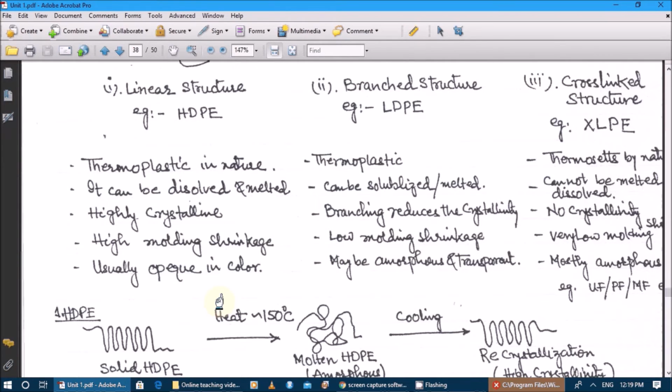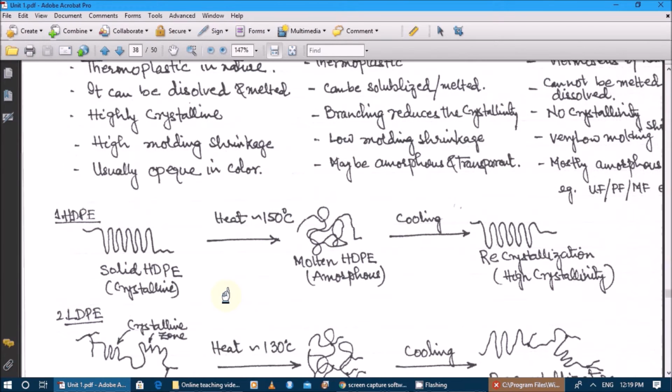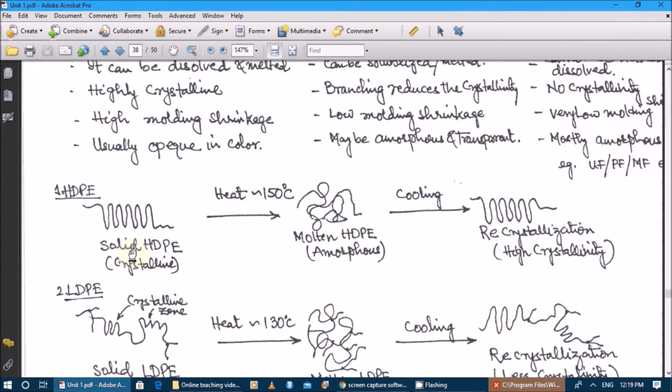Now we will try to understand what happens during the heating and the cooling of the polymer. For example, we are taking the example of an HDPE polymer chain. This is a solid HDPE polymer chain, and crystalline, you can say the chains are folded in the form of a crystalline structure, and the chain is packed in a confined space.